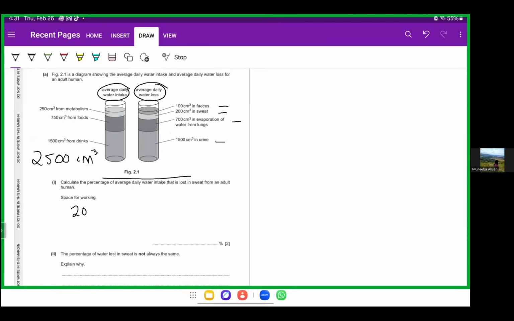And whenever you take out the percentage, you take it out of the total, right? So total water consumption was 2500, so we'll just take out the percentage: 200 divided by 2500 multiplied by 100 will give you 8%. Okay.